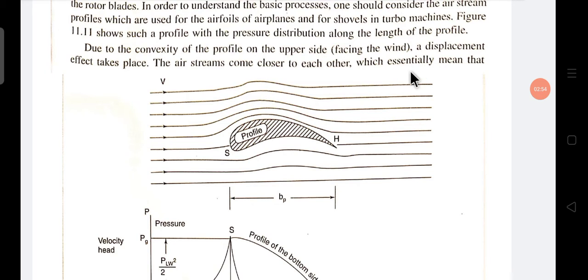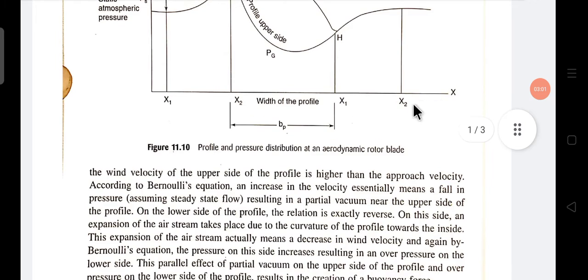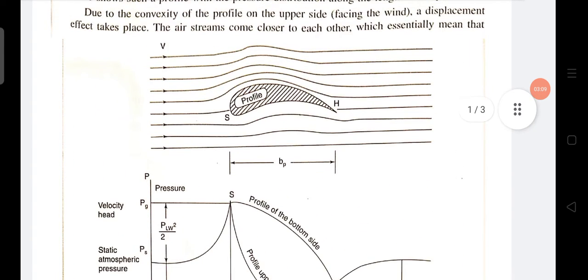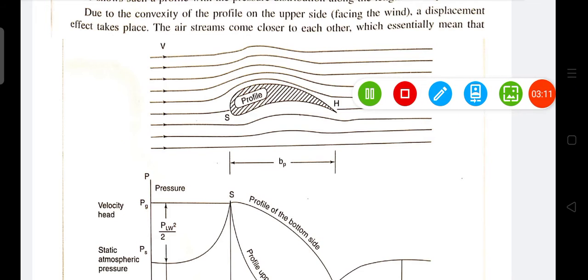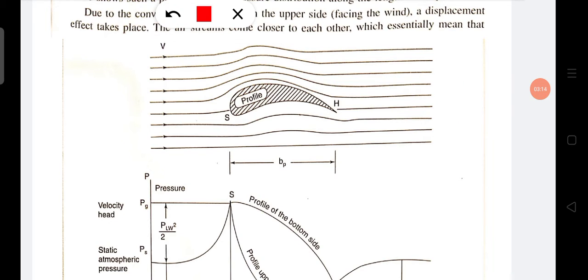Closer to each other, which essentially means that the wind velocity on the upper side of the profile is higher than the approach velocity. Here you see, due to this convex profile, the streams are closer to each other.